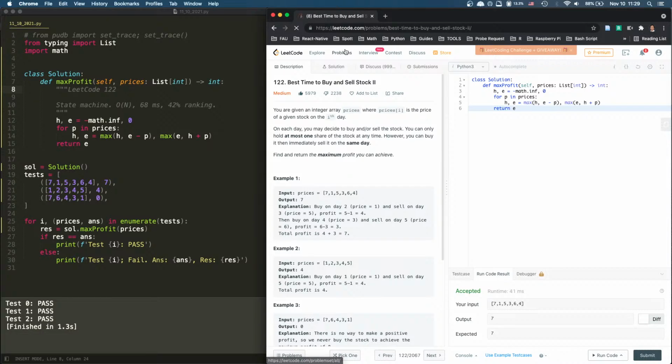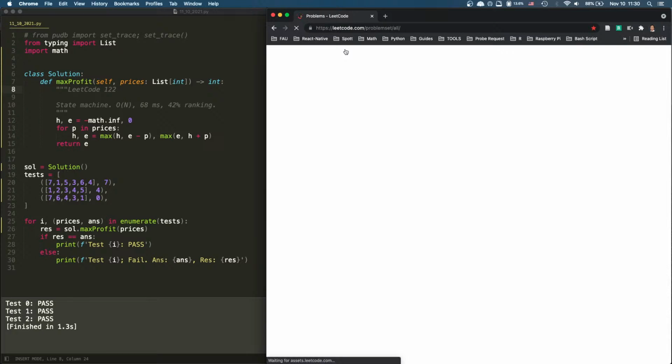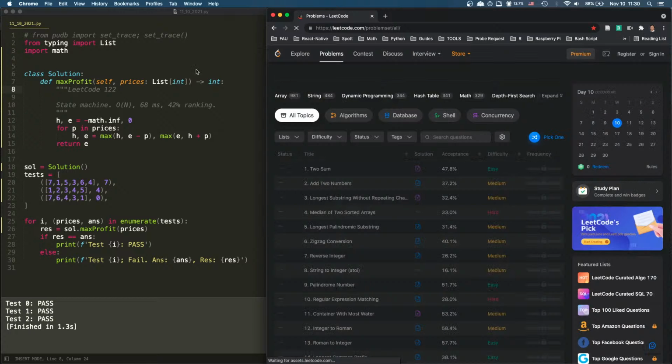Yeah, I did this 6 days ago, so it's a stock purchase and sell problem. I've done 1, 2, 3, 4, 5 of them many times. So it's an old question. That's fine.